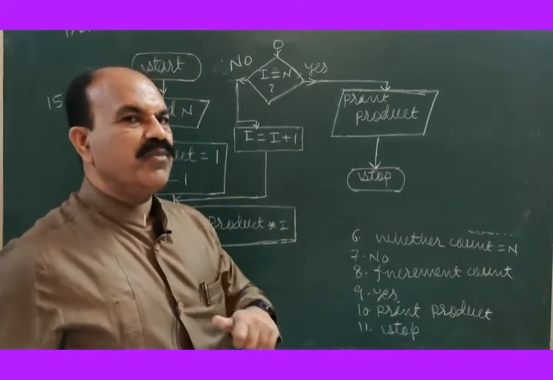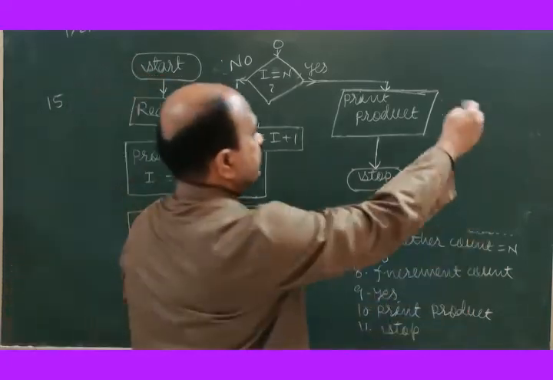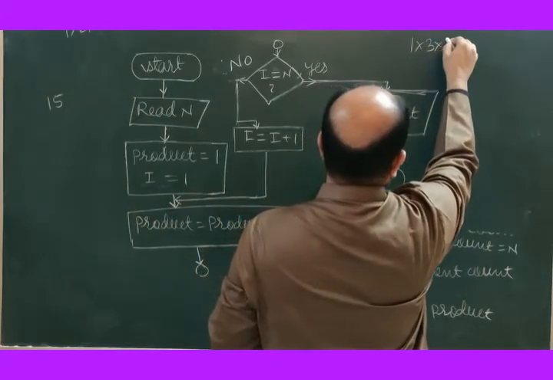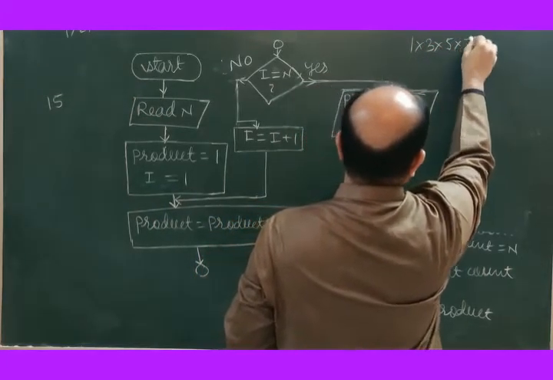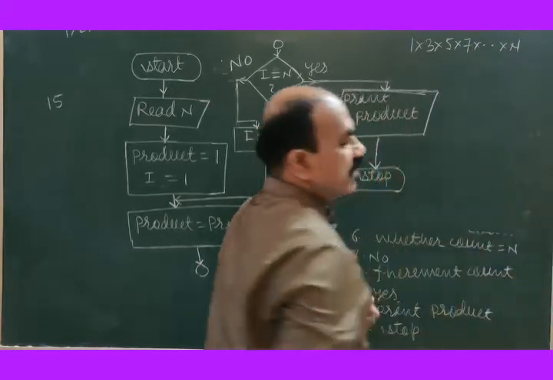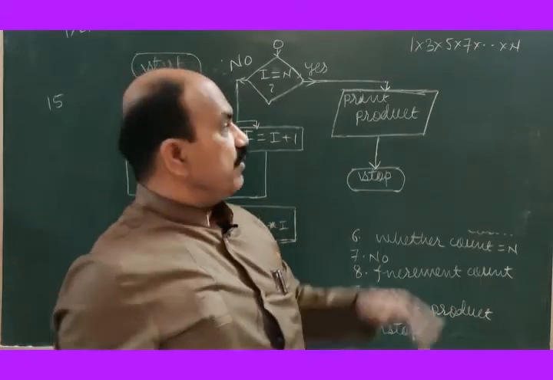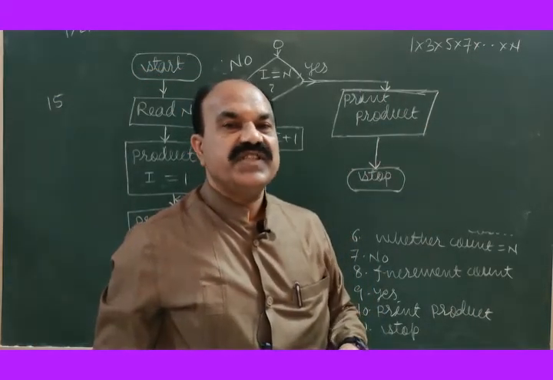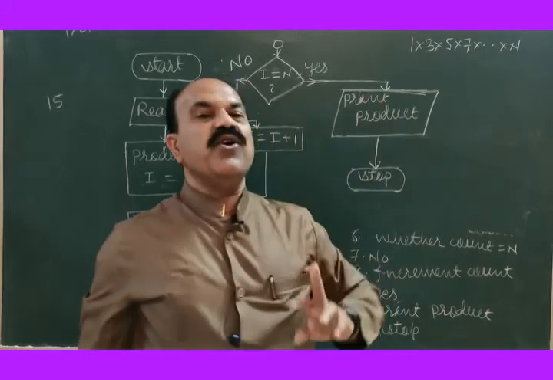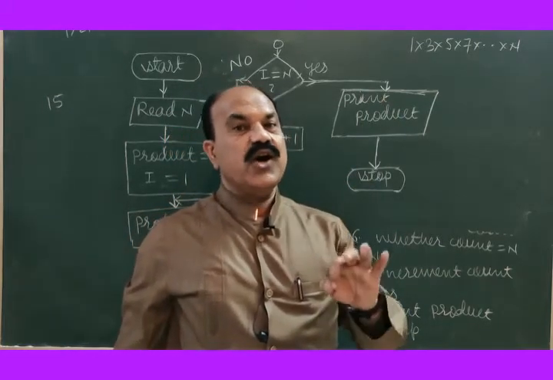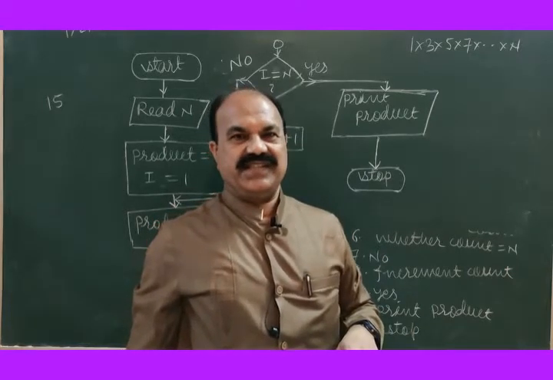Let me consider one more series. 1 into 3 into 5 into 7 into dash dash into 1. Now you have a finite series such that it has only odd integers.